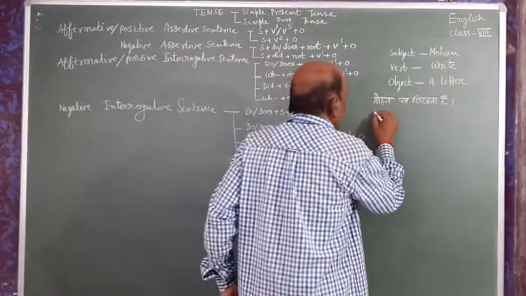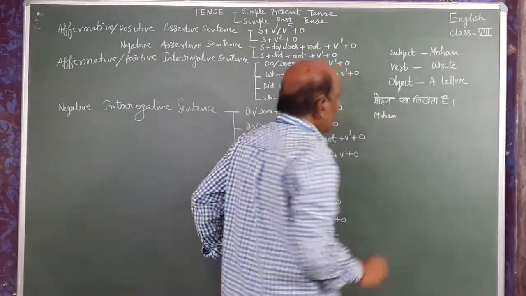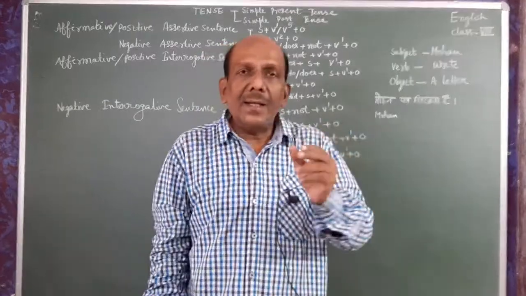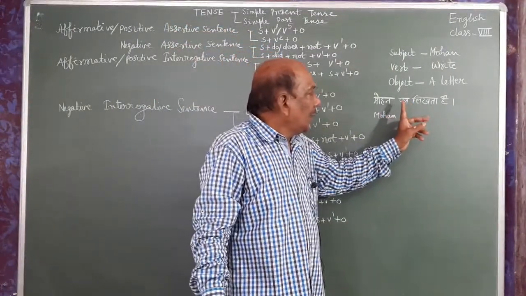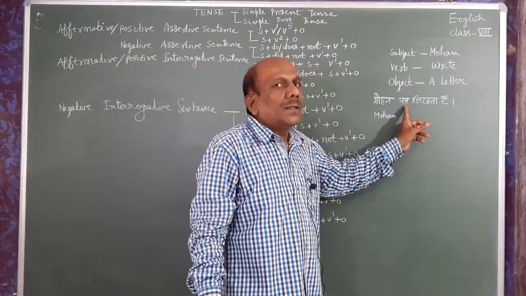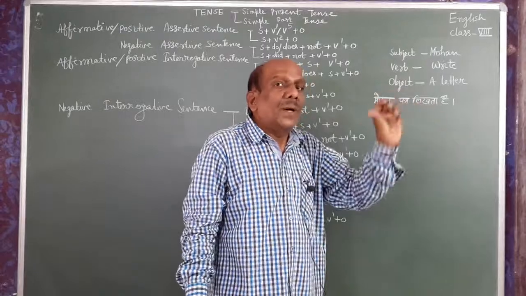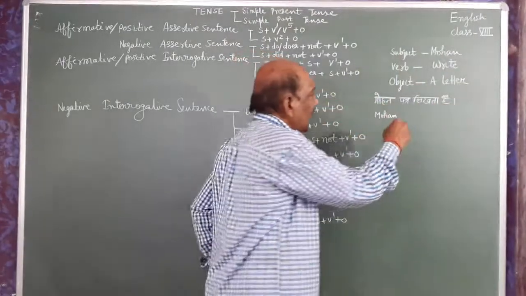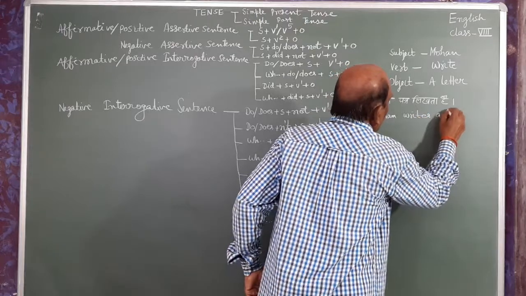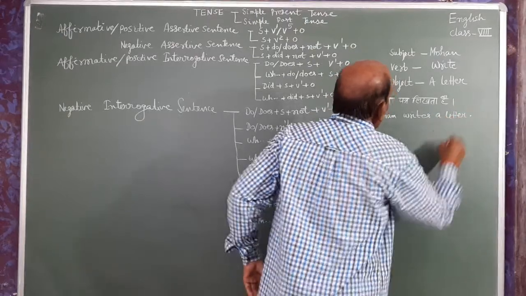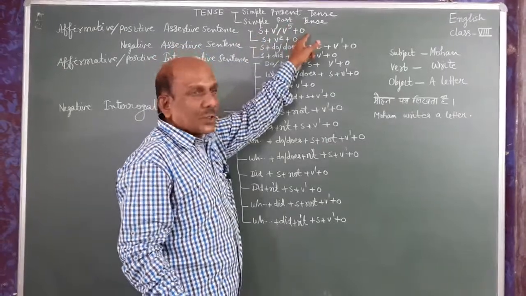So see here, Mohan. In Hindi and English there is a contradiction. In Hindi we find object before the verb. In English we find verb before the object. So see here, Mohan writes a letter. Now see here, subject plus V1 plus V5 plus object.